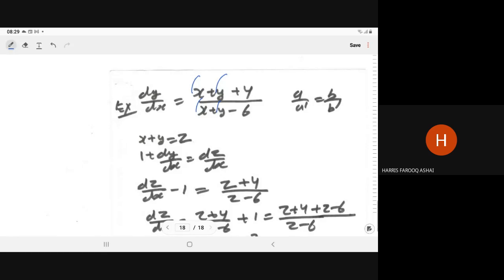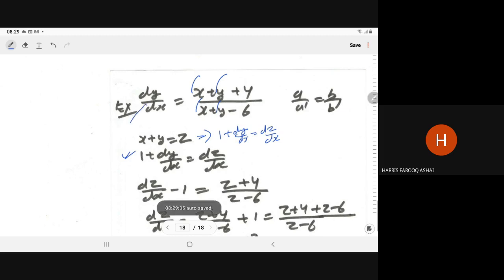In such a question, if you put x plus y is equal to z and differentiate with respect to x, you will get 1 plus dy by dx is equal to dz by dx. So from here dy by dx will be dz by dx minus 1.